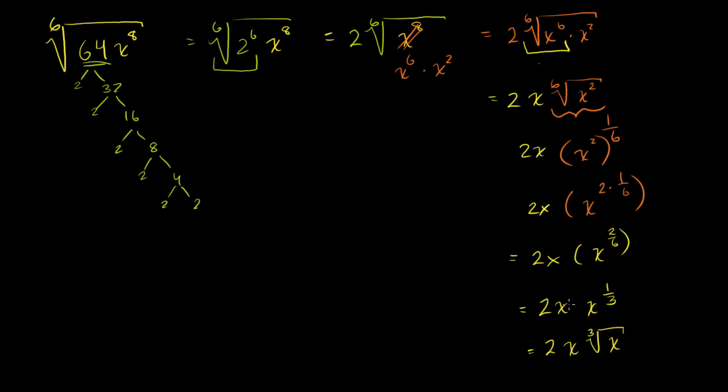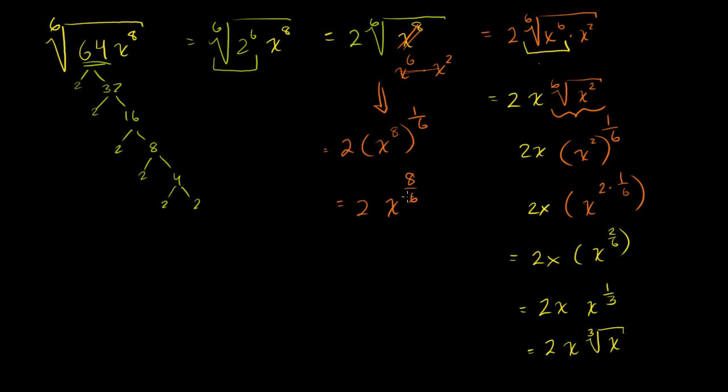Or the other way to think about it, we could go from this point right here and ignore what we did before. We could say this is the same thing as 2 times x to the 8th to the 1/6 power. So this is equal to 2 times x to the 8 times 1/6, 8/6 power.